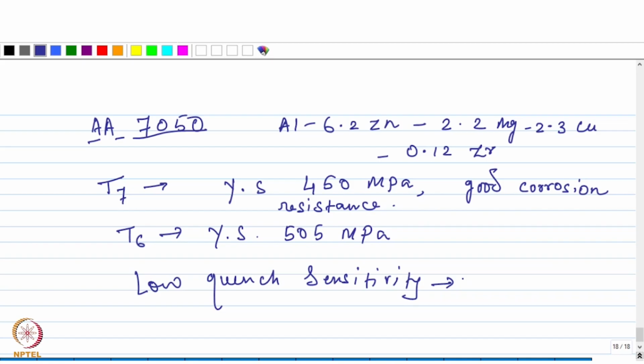So the thickness is not really a big factor in this case, because there could be materials which have high quench sensitivity, and for such materials, it may be difficult to quench uniformly all across the thickness if you have a bigger section, right? But in this case, that is not a problem because of the low quench sensitivity of the material, and therefore thick forging can be easily quenched in water.